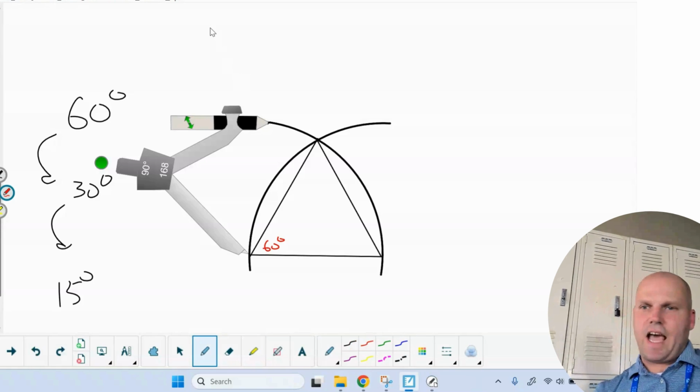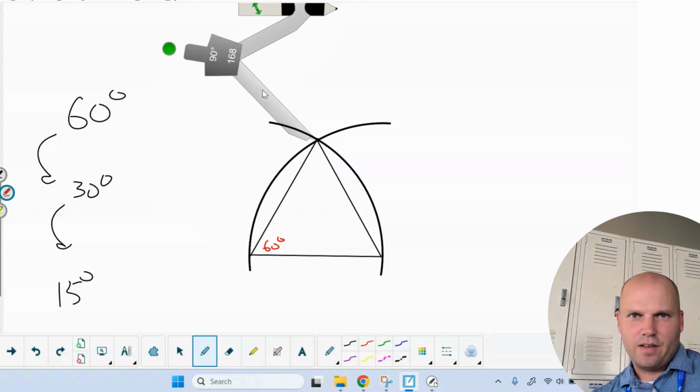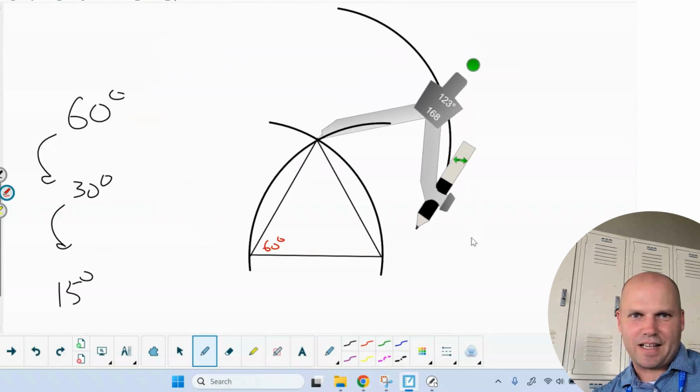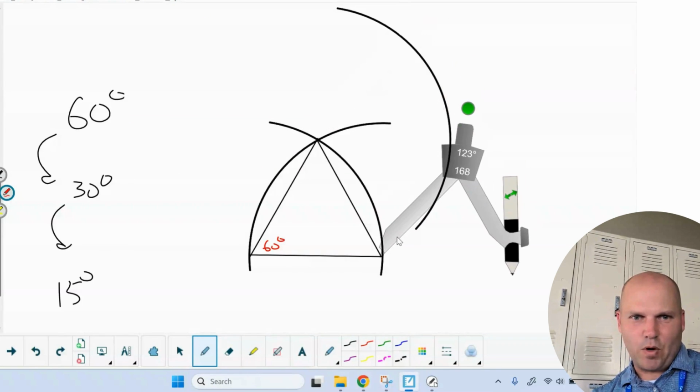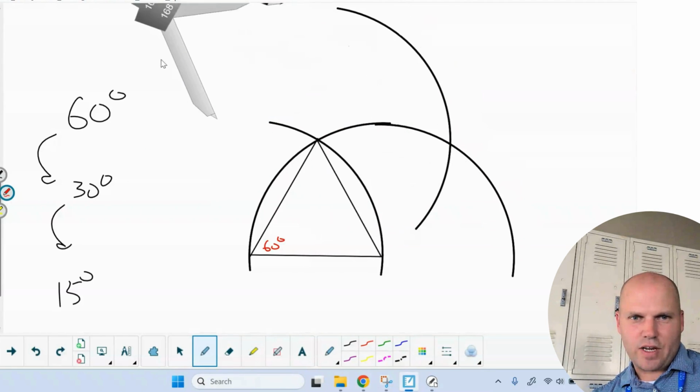Now I need to split that in half. How am I going to do that? Well, why don't we just keep going with that same length from these points? And what have you created?